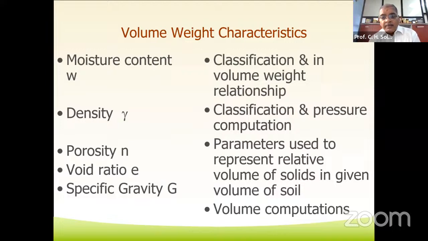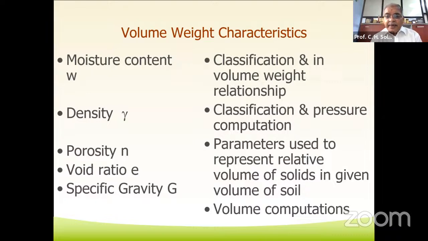Whenever you started studying the subject of geotechnical engineering, you might have studied the weight-volume relationships. You may have studied the phase diagram of the soil, and understood the three-phase system and two-phase system of the soil.